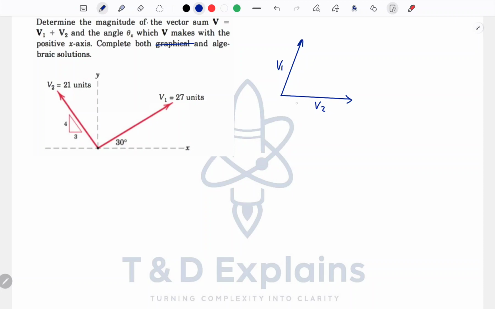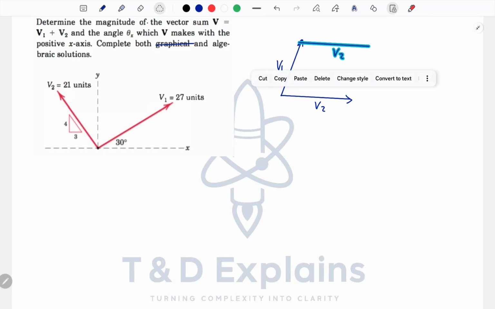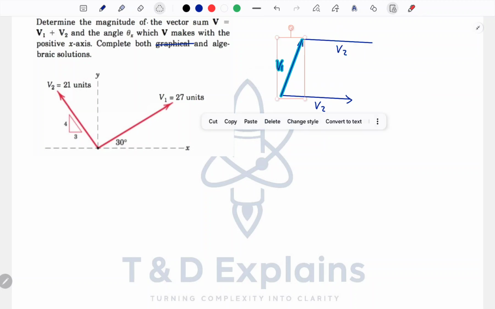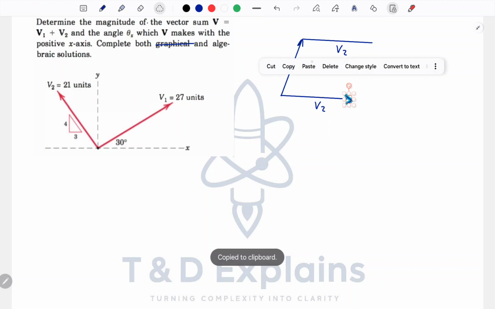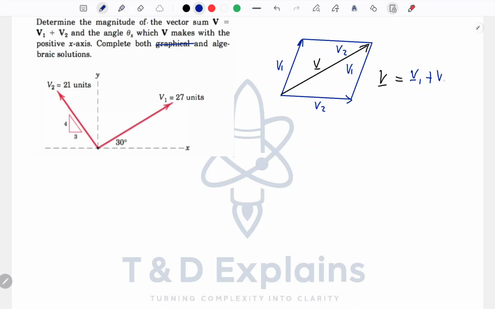By the parallelogram law of combination, you take v2 and put it here, and similarly v1 comes here, and then we have formed a parallelogram. From there, the resultant is going to be given by this vector, which is simply v1 plus v2. So this is the vector v equals v1 plus v2. That's the parallelogram law of combination.